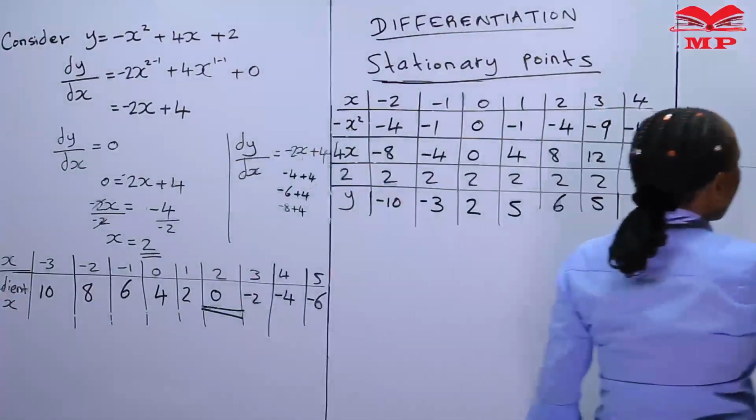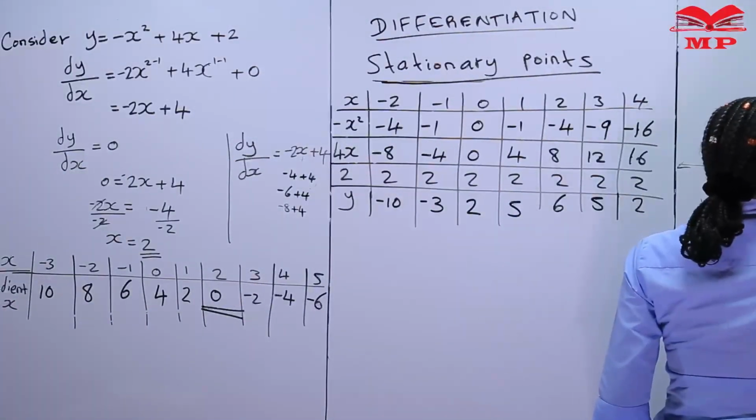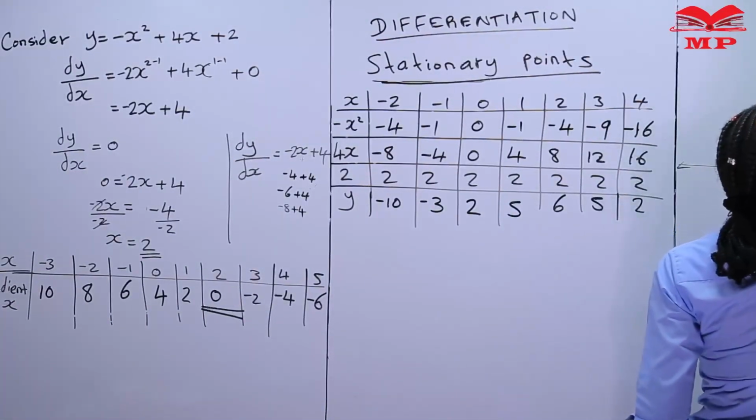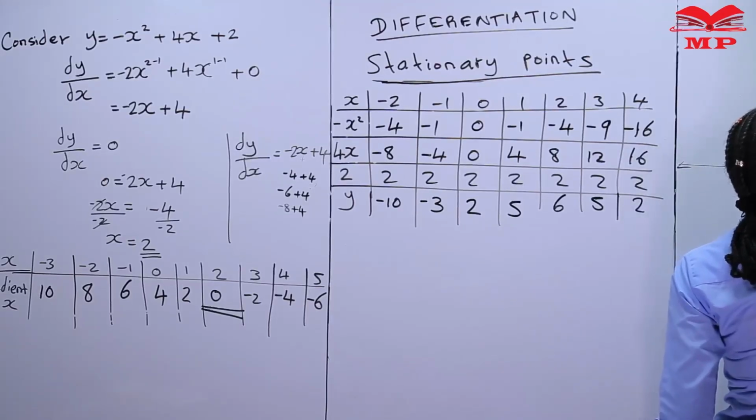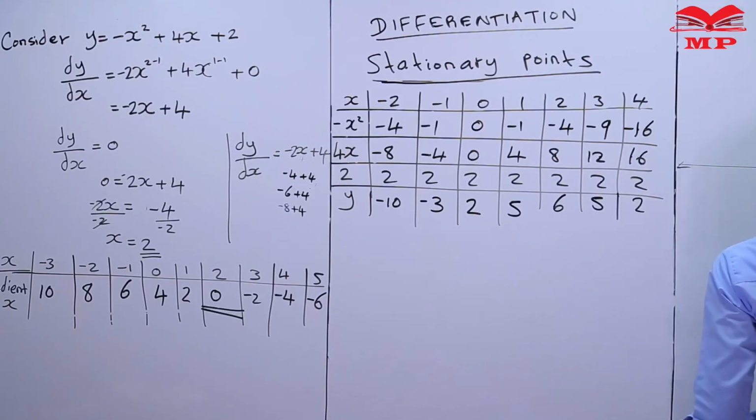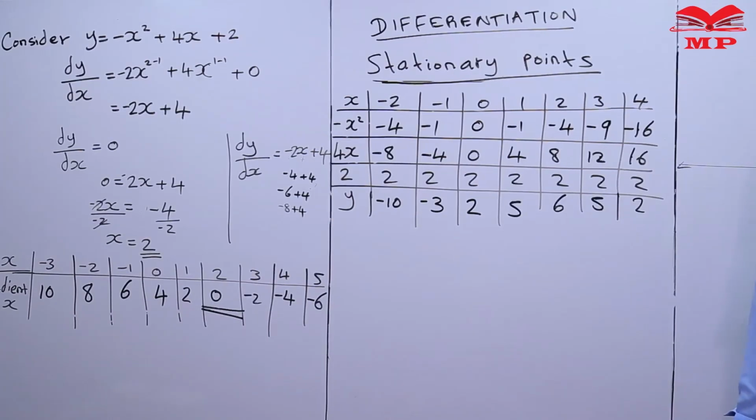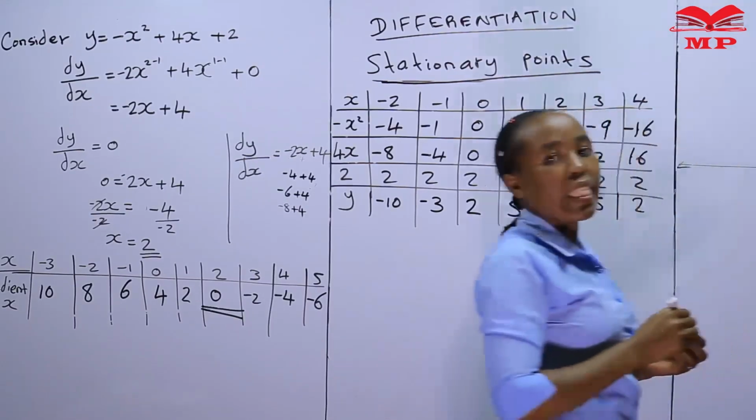This point is what we are calling the turning point, which is our stationary point. It is a stationary point where the gradient is 0.